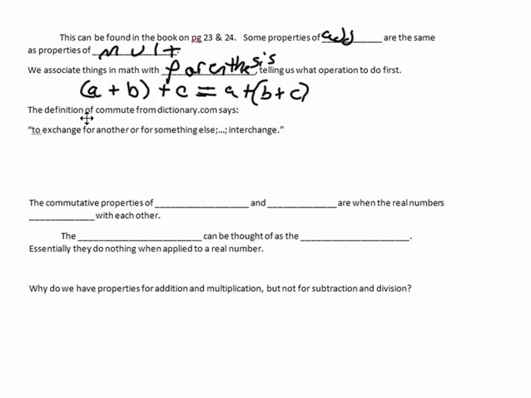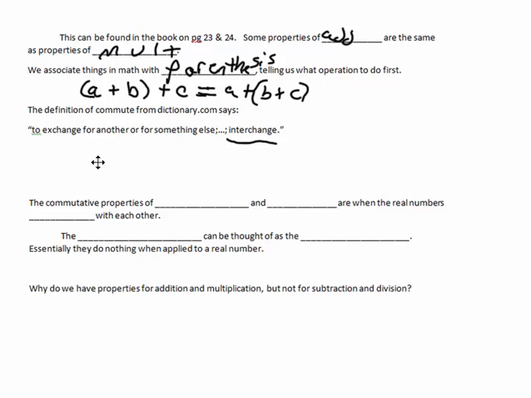I went ahead and looked up the definition of the word commute on dictionary.com. The second one it gave us says to exchange one for another or something else. And then this is the word that I really like the most, interchange. So when we talk about the commutative property of addition or multiplication, it means that the order changes.